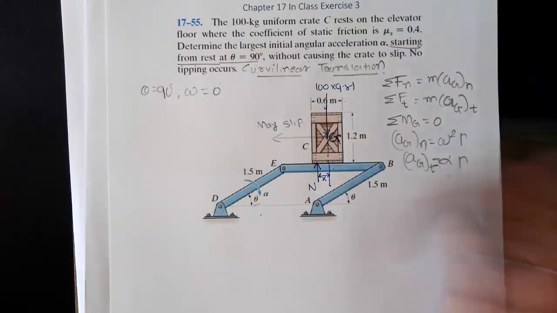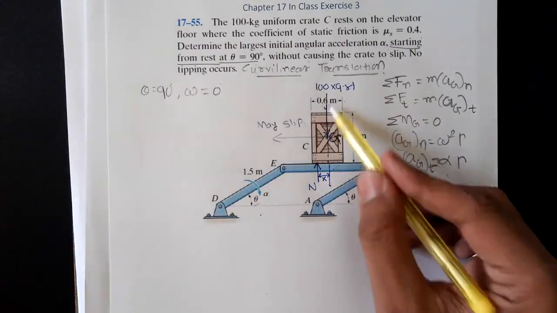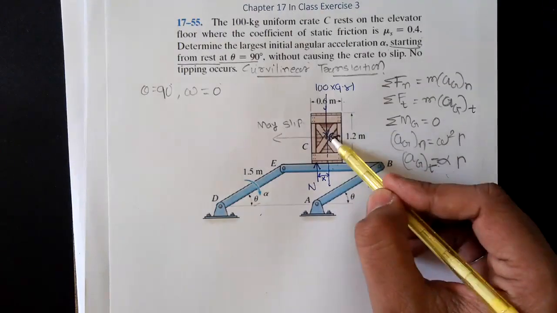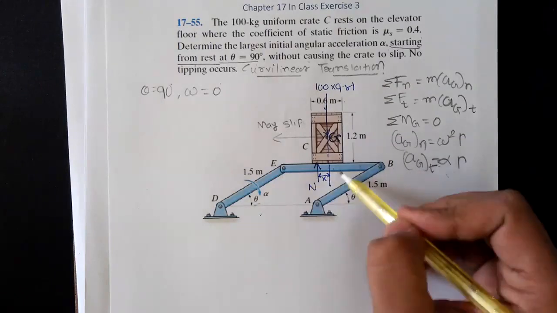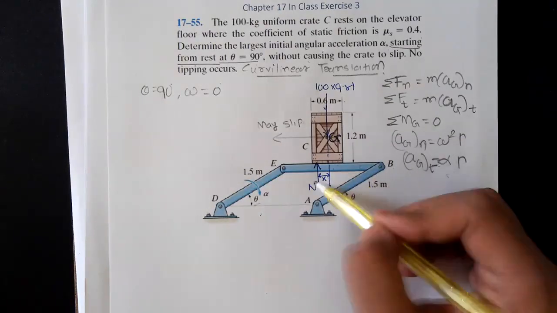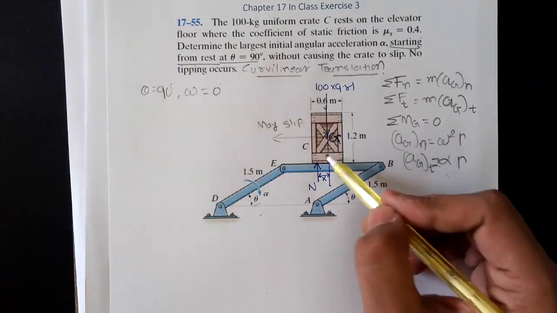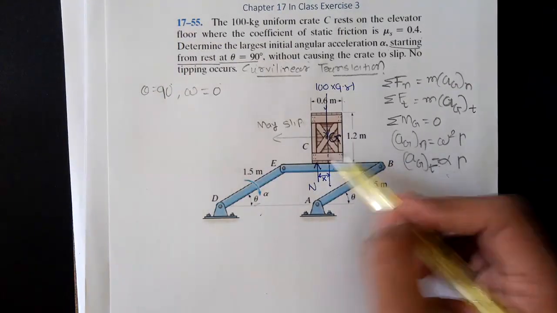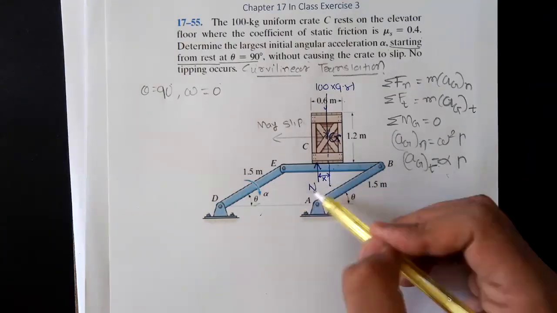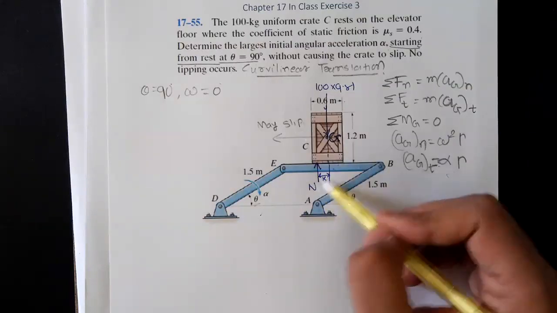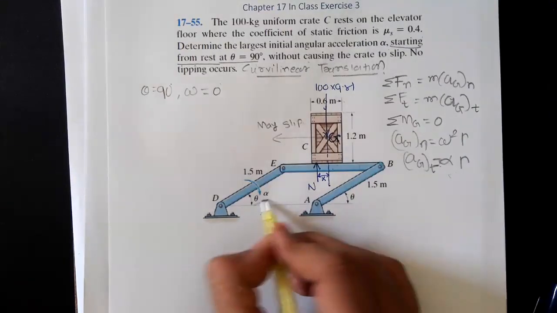Now you may wonder why the normal force does not act along the same line as the weight. This is true only when the box or the link does not move. It's only true for statics that the normal force coincides with the weight. But in dynamics, this is not true. When things start slipping or tipping, the normal force moves away from the center line depending on the direction of slip. So that's why the normal force is at some distance x from the center line. Now the angular acceleration of the link is alpha.